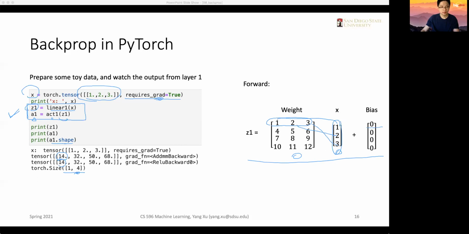So we can see that Z1 is 14, 32, 50, 68, and A1 is also 14.